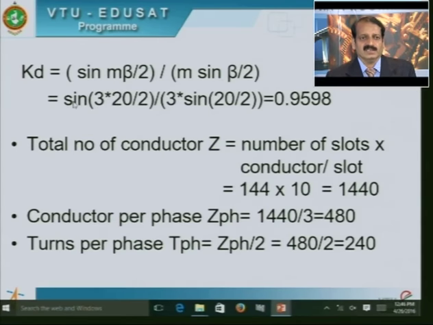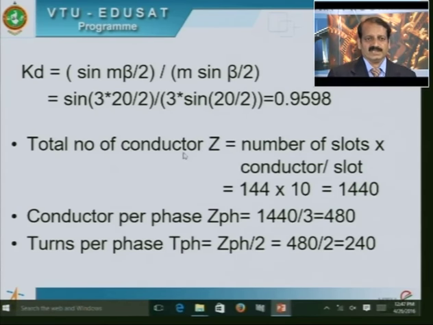So, m is 3, beta is 20. If we substitute, we will get KD, that is distribution factor, which is equal to 0.9598.